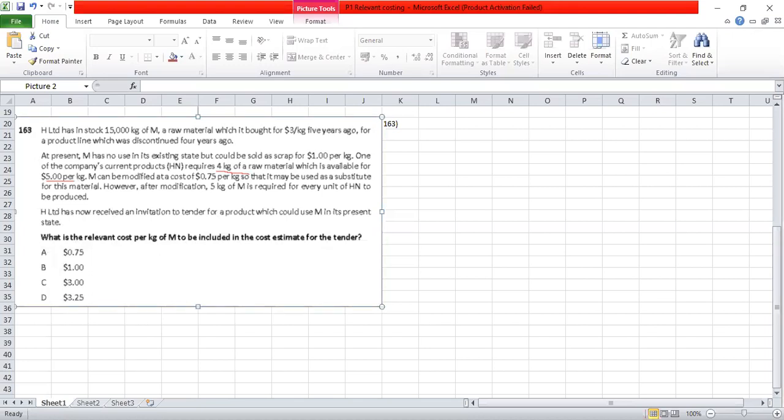That is subject to the adjustment of the modification cost of 0.75 per kg, but that will be consumed at the rate of 5 kgs for every single unit. So 0.75 into 5. Let's check it out. How do we calculate the relevant cost?